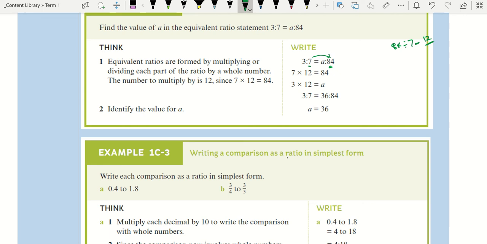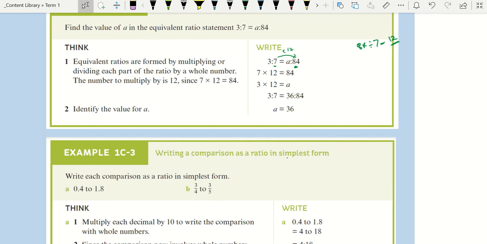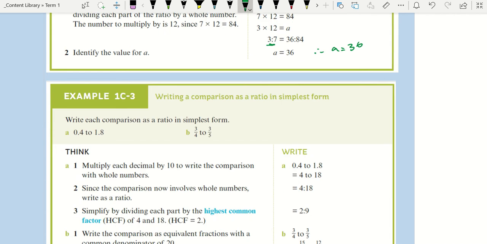So to make this equivalent, if I'm multiplying the right-hand side by 12, I'm going to have to multiply the left-hand side by 12 as well. So 3 times 12 is 36. So the equivalent ratio of 3 is to 7 is 36 is to 84. So therefore A equals 36 in this condition.